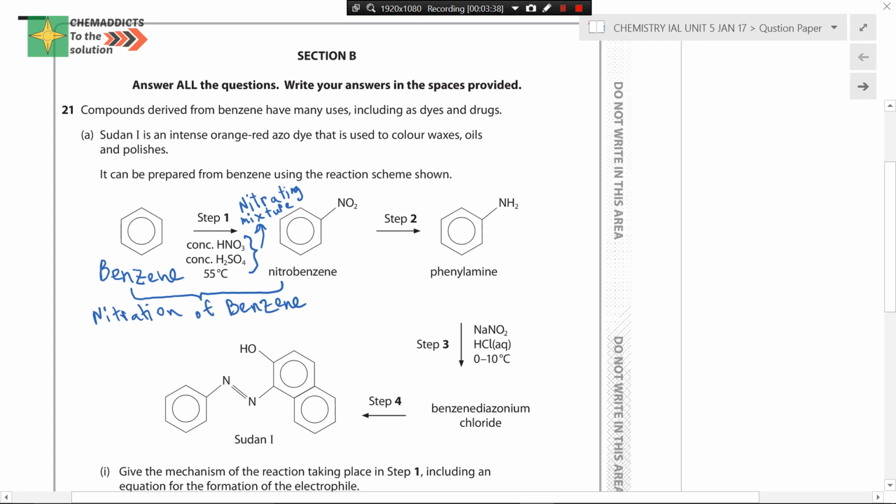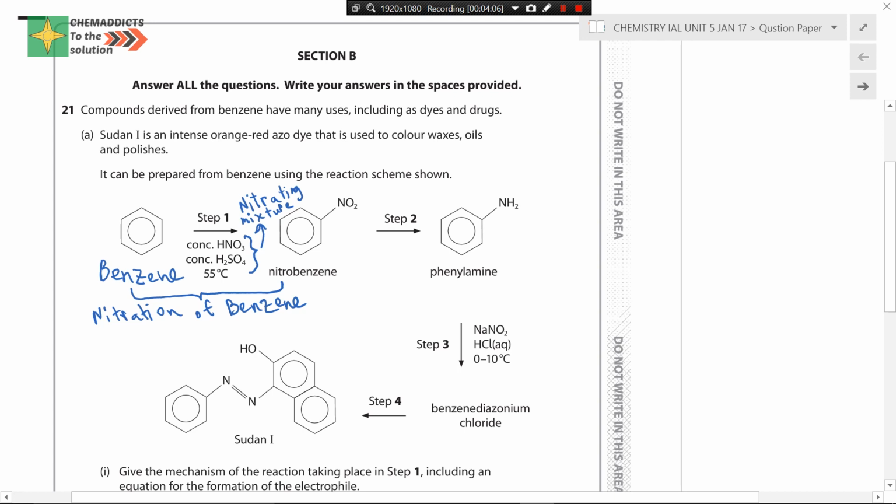So benzene reacts with this nitrating mixture, or in other words we can say that benzene reacts with nitrous acid to form nitrobenzene. We're going to look at this in detail in a later question. But for the time being let us know that this is the nitration of benzene, where we can form nitrobenzene from benzene.